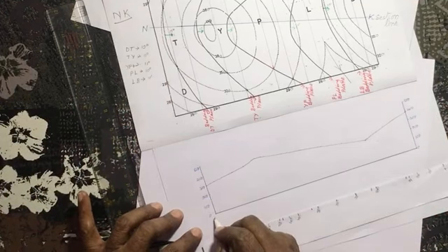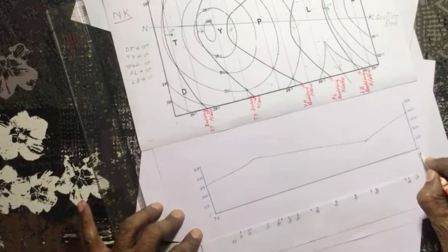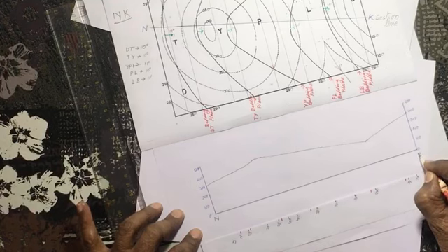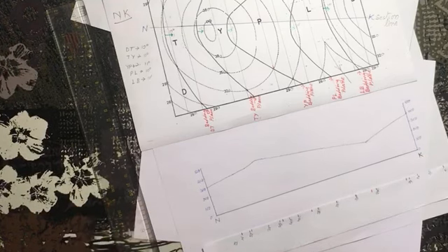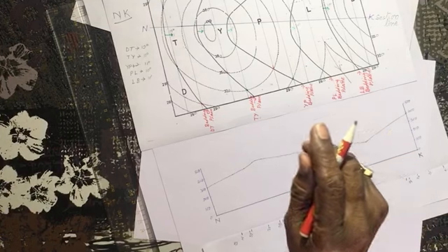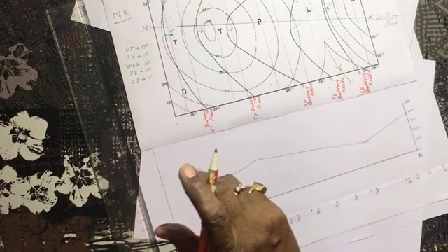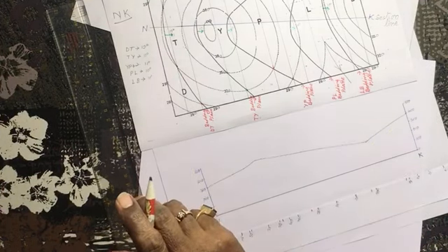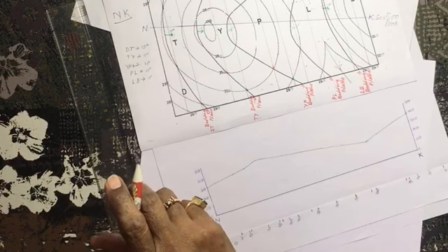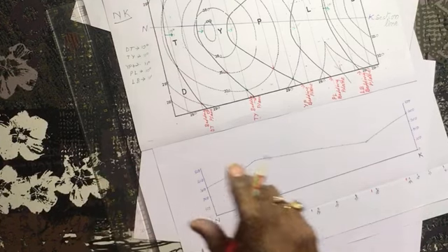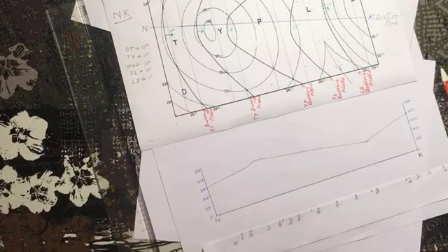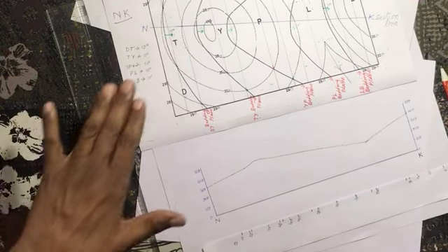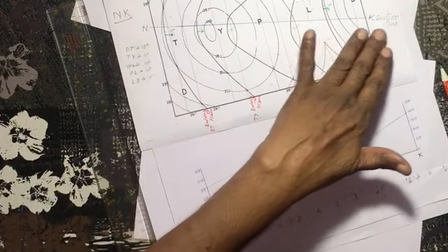This is your end point. This is the K point. So this is the section, made with the help of the contours given there.